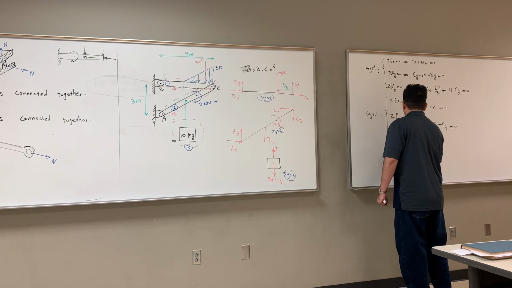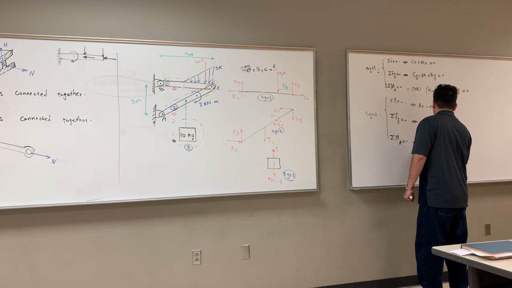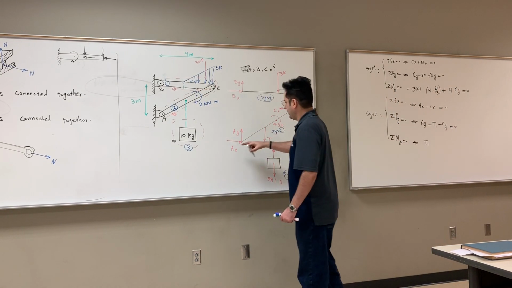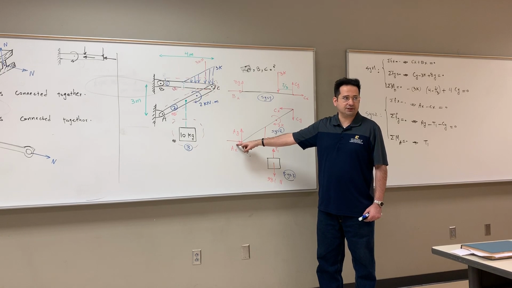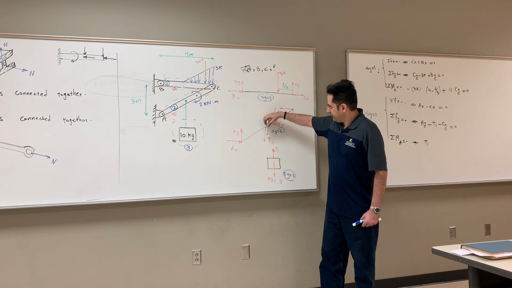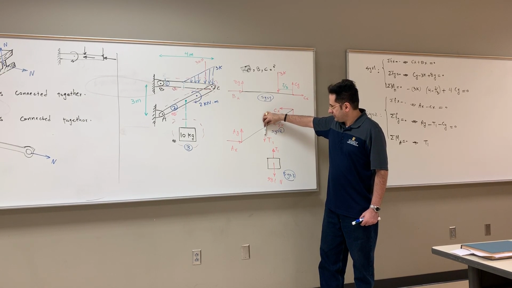Summation of moment around any point, but I take A, and give you T1 times... So first, what's the moment of Ax? 0. Ay, 0. They're going through that point. For this guy, I have to do the standard moving procedure. Where should I move it?